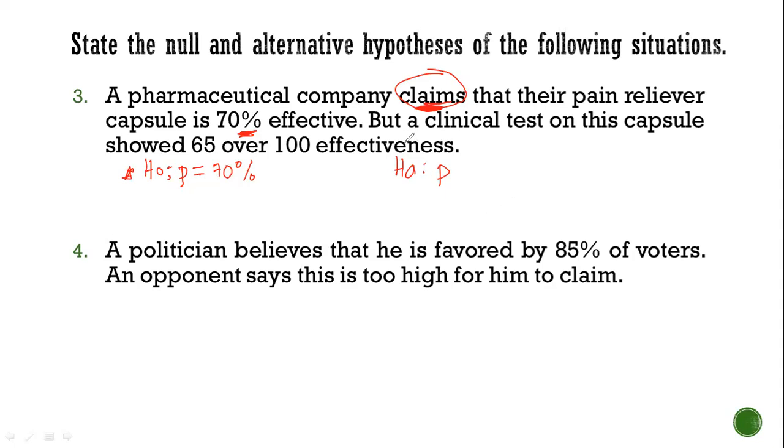All right. So next one, but a clinical test on this capsule showed that it is 65 over 100 effectiveness. Dito, panggulo lang ito actually. If you see that there is really no effect towards the hypothesis that is being tested, wag nyo siyang pansinin. Kung may ibang values, like kunyari, another company is saying that it is 60% effective.